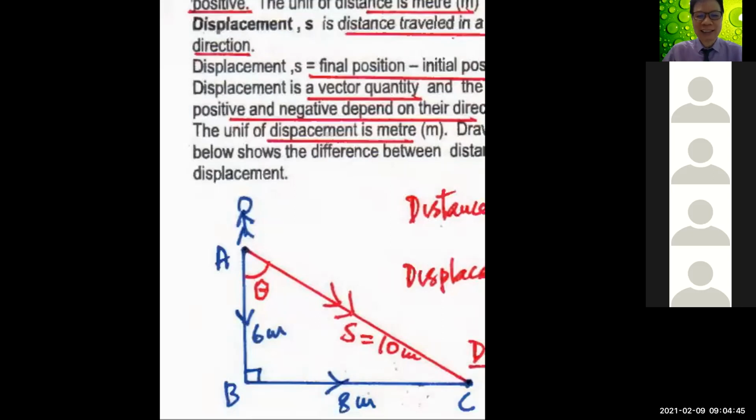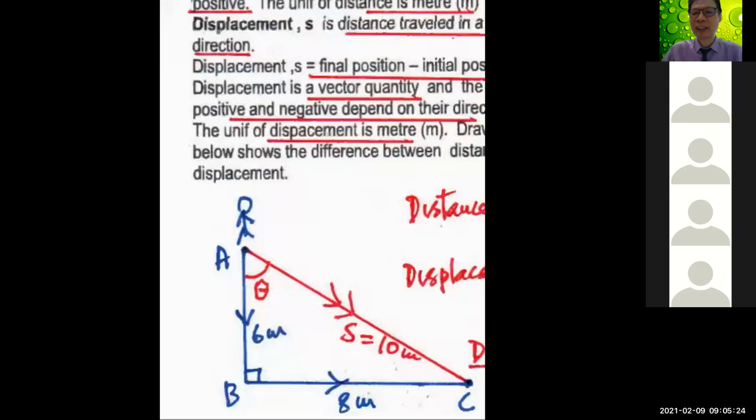What about the other students? Joshua answers displacement 10, distance 14, but no direction given. Jiang Chenxi says he is just randomly throwing the answer. Joshua also says towards C.